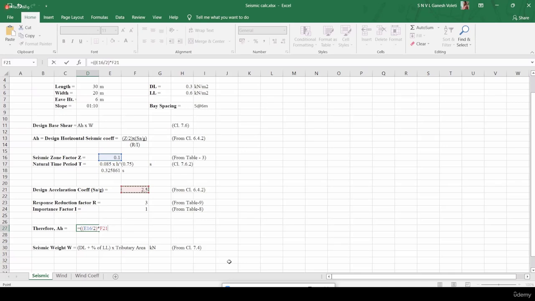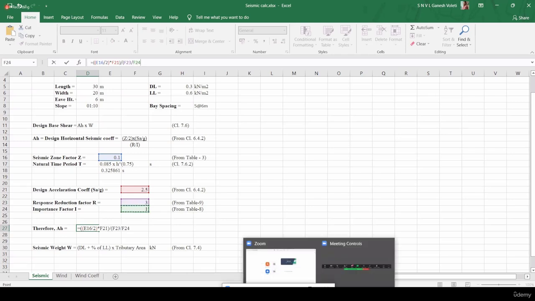Divided by R, which is the response reduction factor, 3, divided by importance factor.